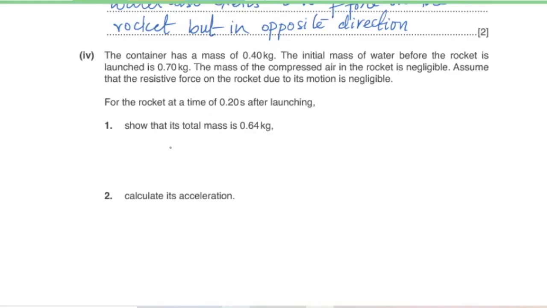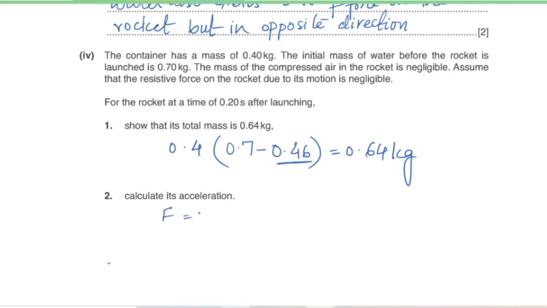So the container has its own mass of 0.4 kilograms, and at time t equals 0 seconds, the water has a mass of 0.7 kilograms, and 0.2 seconds later, after the launch of the rocket, it is left with 0.64 kilograms of water, because this amount of water has already left through the nozzle.